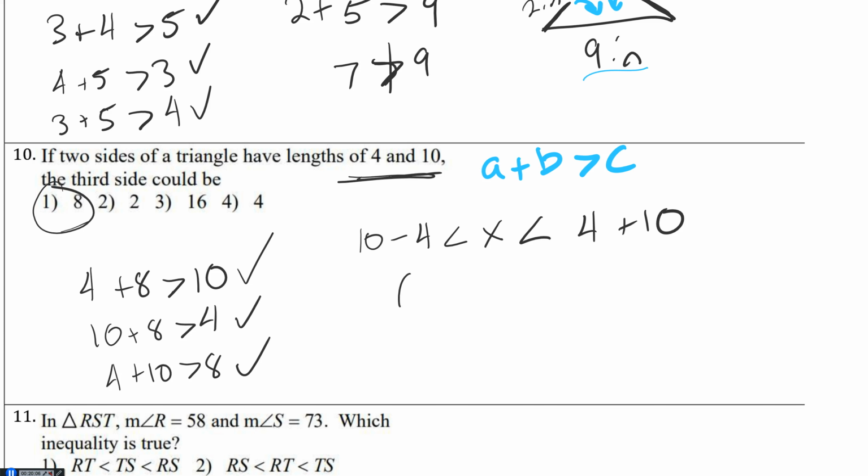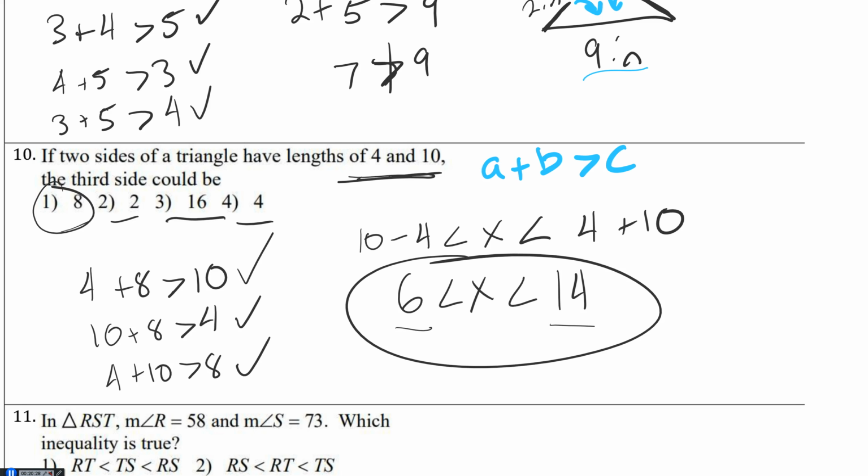So 10 minus 4 is 6, and 4 plus 10 is 14. So x needs to be between 6 and 14. Can't be equal to 6 and can't be equal to 14. It needs to be strictly between there. So if x is 6.11111, that's going to be fine. Notice that 2, 16, and 4 don't fall within this range.